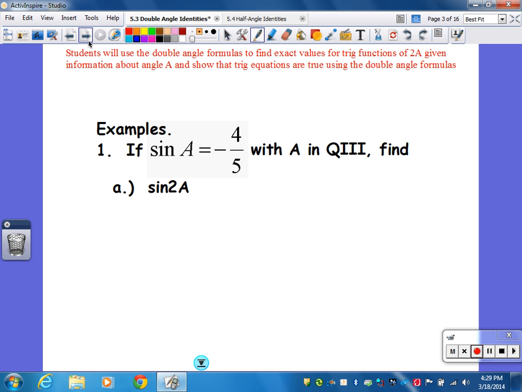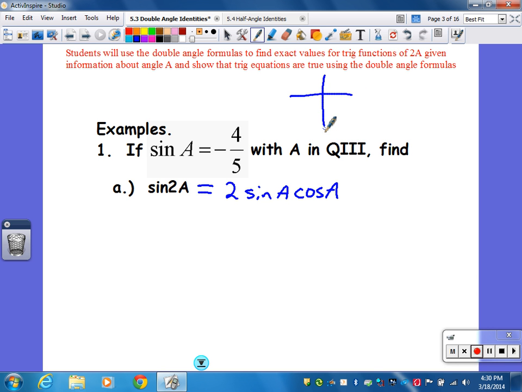Well, right away, thinking back to what we just derived, sine of 2A is 2 sine A cosine A. Well, you're saying, okay, we have a sine A, we don't have a cosine A.